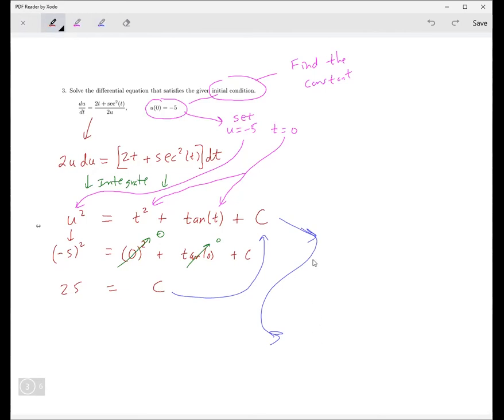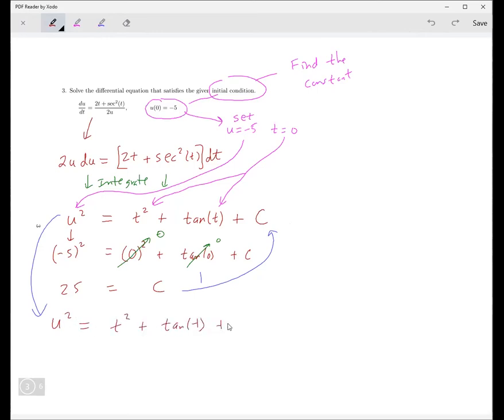Okay, so we have, I need more space actually, hold on. Okay, so that gives you u squared equals t squared plus tangent t plus a constant.